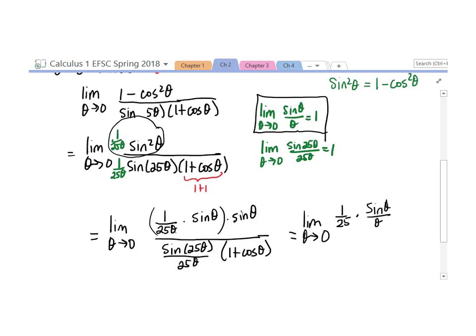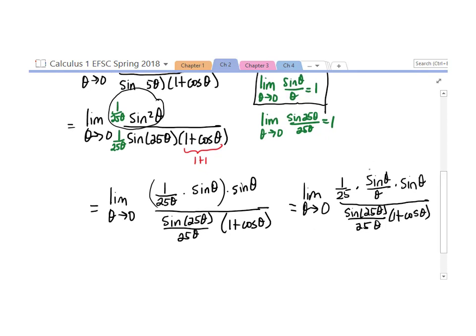See how I separated the 1 over theta from the 1/25? And then I have this other sine theta over here. In the denominator, I still have sine of 25 theta over 25 theta times 1 plus cosine of theta. Now let's think about what happens to each of these factors as theta approaches 0.